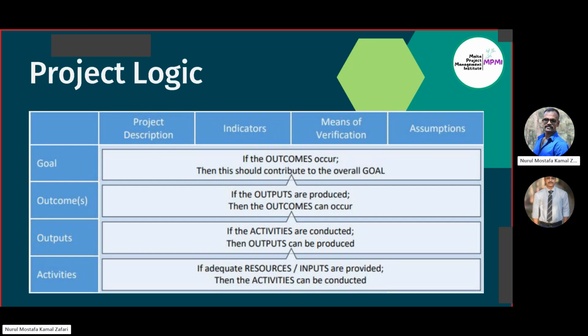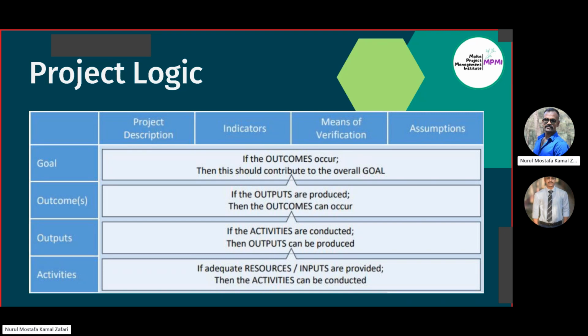Because we need to prove that the project is needed and the project has some probable logic to be established, and those logics will ensure the achievement of the project and ensure that the problem has been solved. So there are two logics.